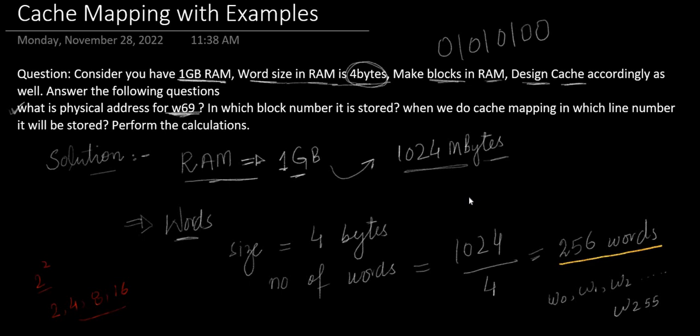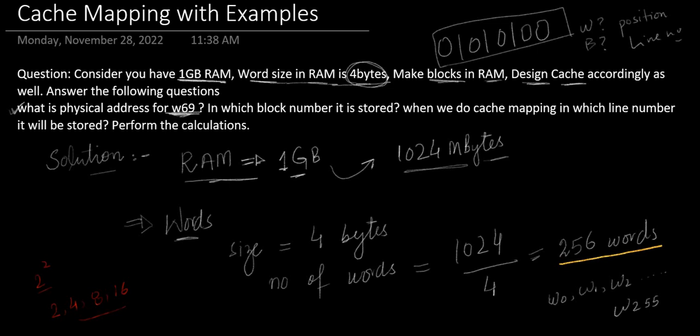Let's say this is an 8-bit address. I say this is the physical address. Kindly find out what is the word number, what is the block number, what is the position of the word, and what is the line number. All of these things using this physical address.